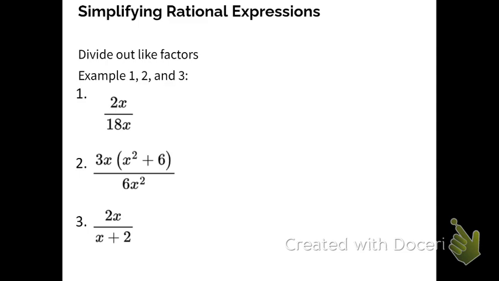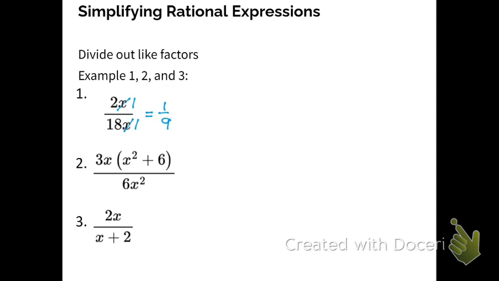X divided by x also equals 1. And the 2 divided by 18 also equals 1/9. So just like you did with numerical values, you'll simplify those fractions like you always did, and now you'll have variable parts that you'll also be looking to simplify.